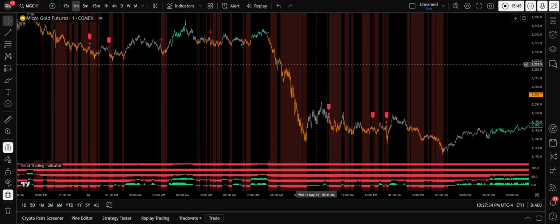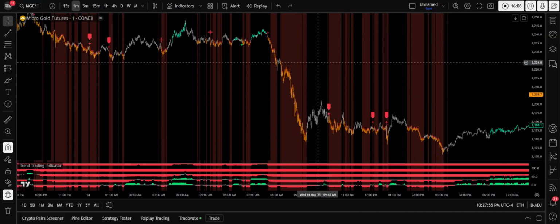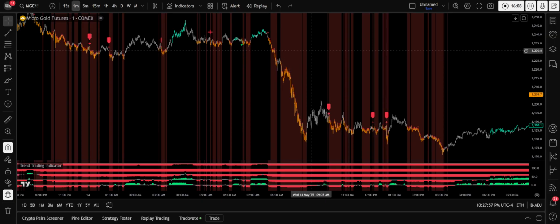It would never hurt you to be aware of some of these things and look at higher time frame candles. You can use other indicators for that, like our supply and demand one, and have your highs and lows of the previous daily, weekly, monthly candles. When you're inside of those, you're typically not going to get the best signals because price hasn't broken out of those higher time frame candles.